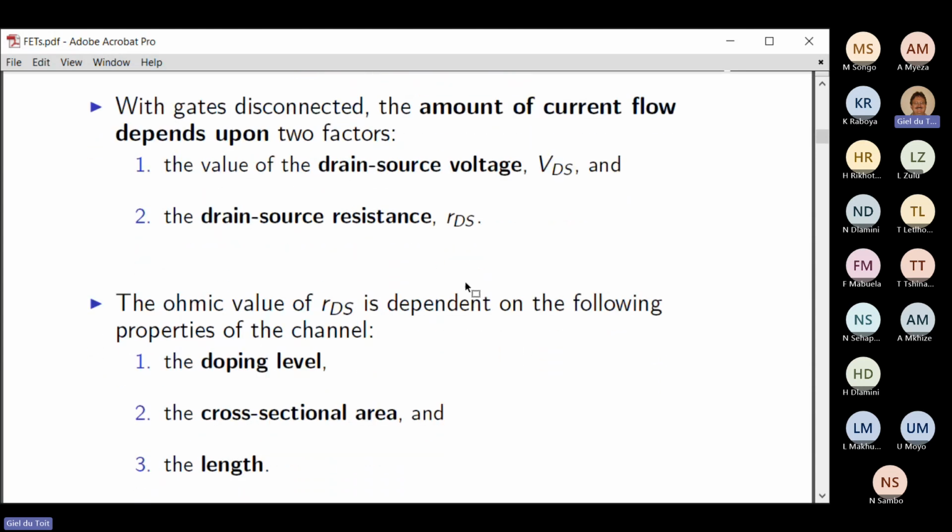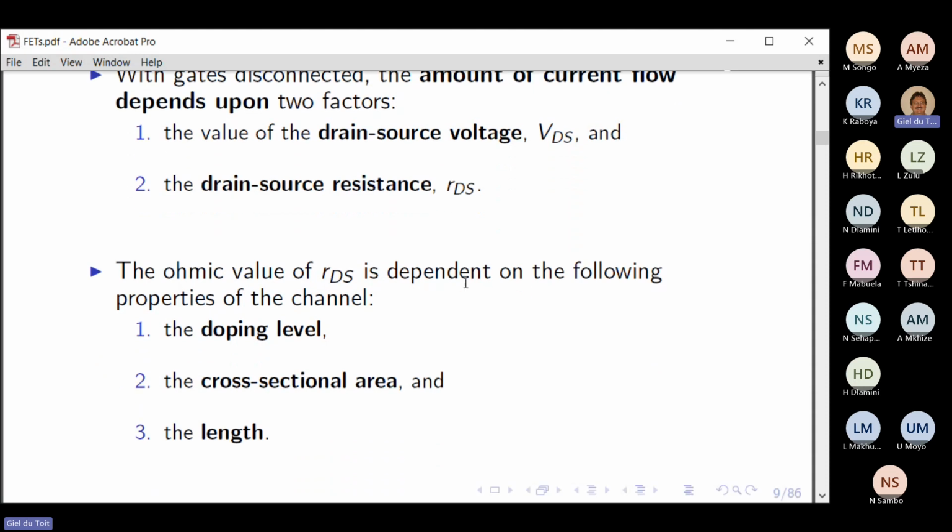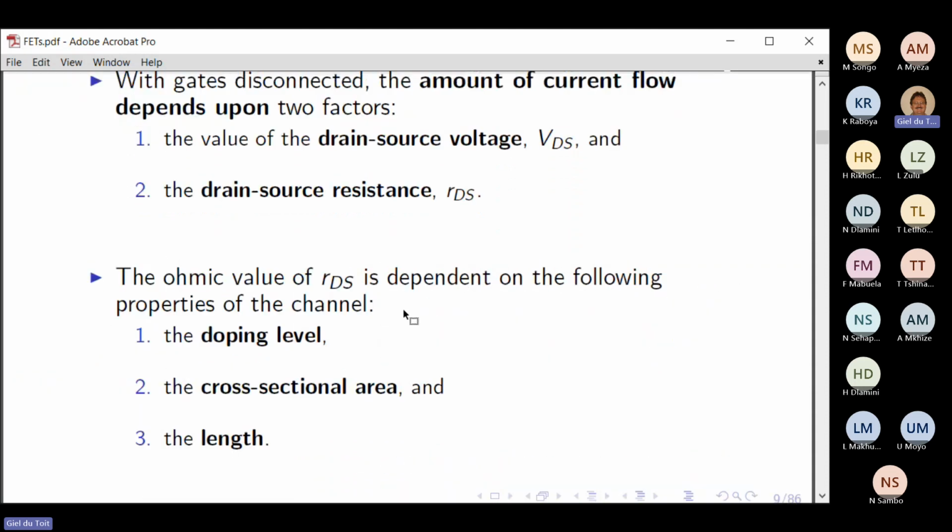The ohmic value of RDS depends on the doping level, which we determine when we manufacture it. The more expensive ones are doped more, and they will have a very small RDS. RDS will typically be about 10 milliohm these days.